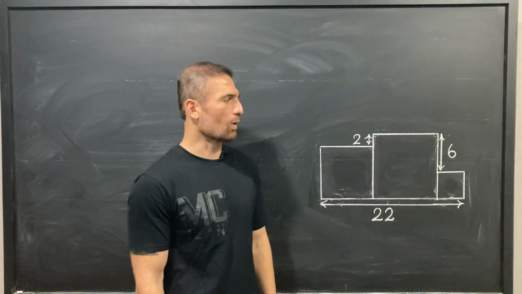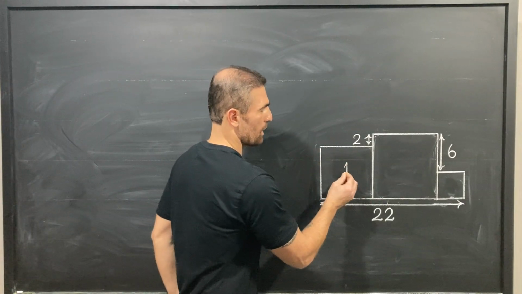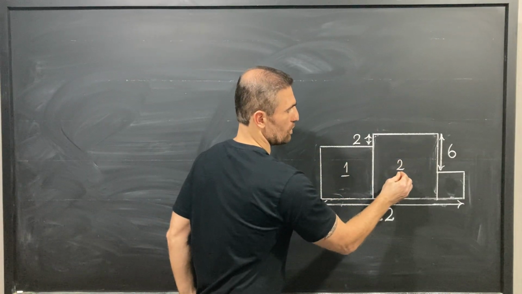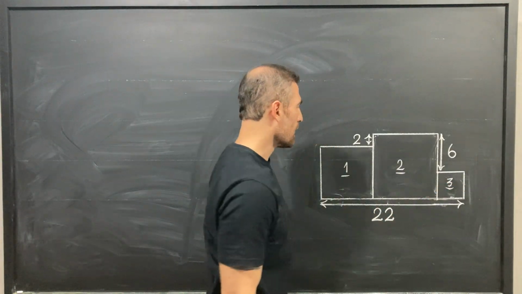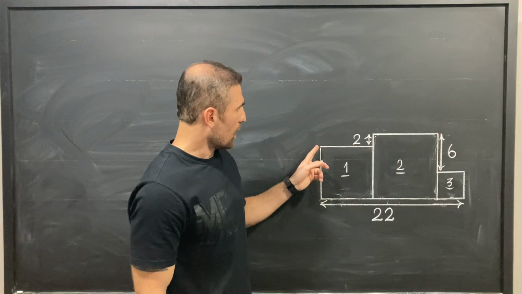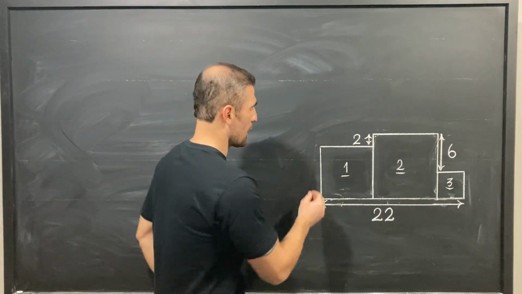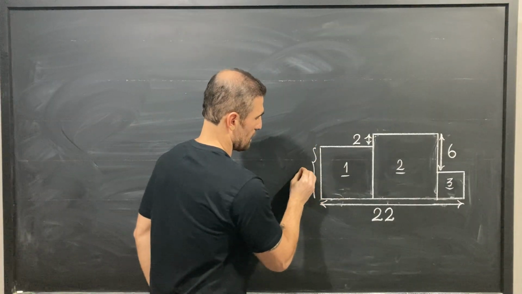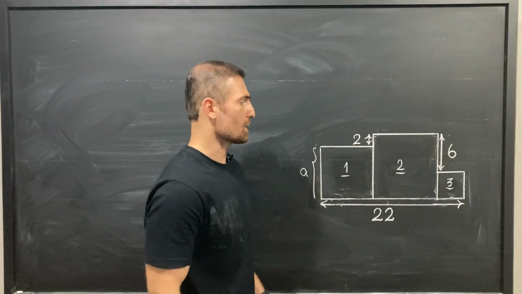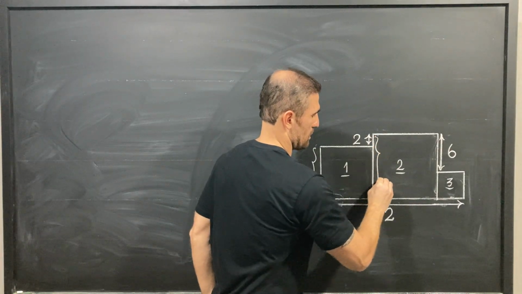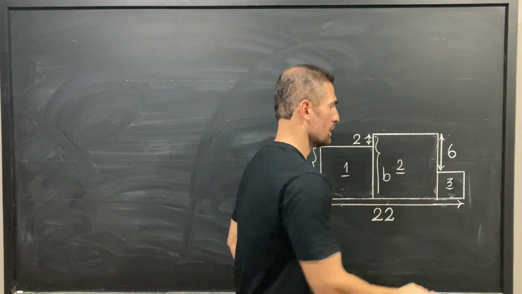To make it easier, I want to name them. This small square has a square number 1, this big one as a square number 2, and this tiny one as a square number 3. Now, I call the length of the side of square number 1 A, the length of the side of square number 2 B, and C, the side of square number 3.